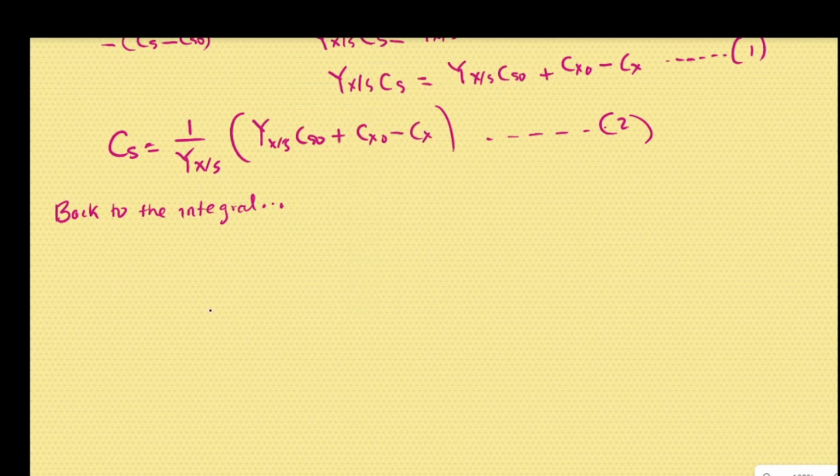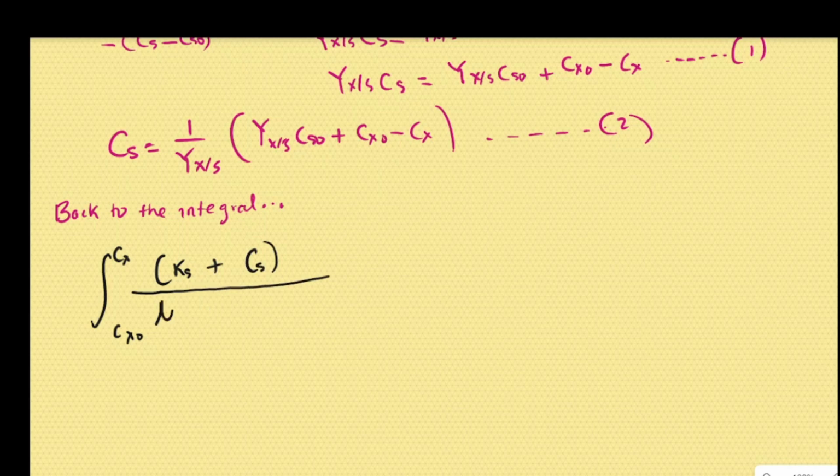Alright, so we have the integral from Cx0 to Cx of (Ks plus Cs) all over mu max Cs Cx, dCx, right?